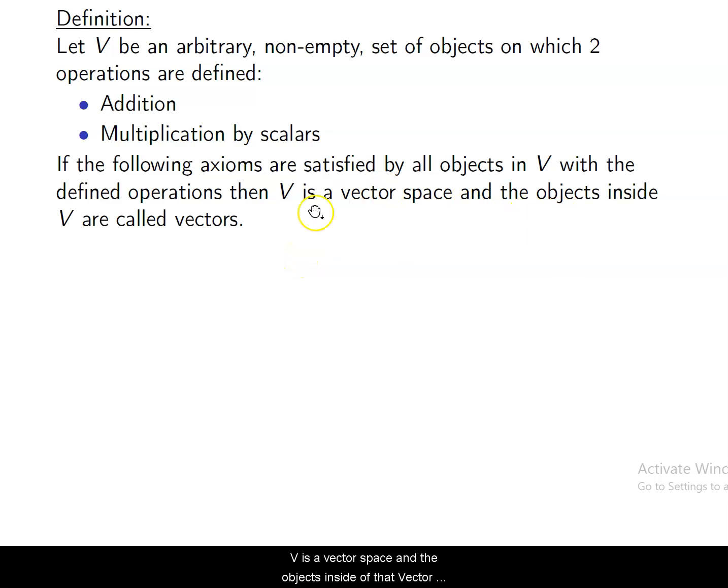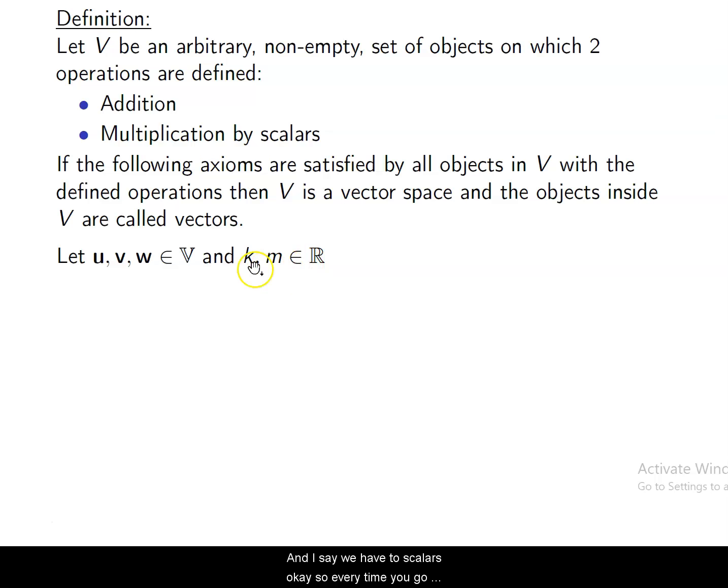Okay, and the objects inside of that vector space are what we call vectors. So let's say we have 3 vectors inside of our vector space. This shouldn't be a regular V like this one. I don't know why my program changed the values. But let's say we have 3 vectors, u, v, and w.